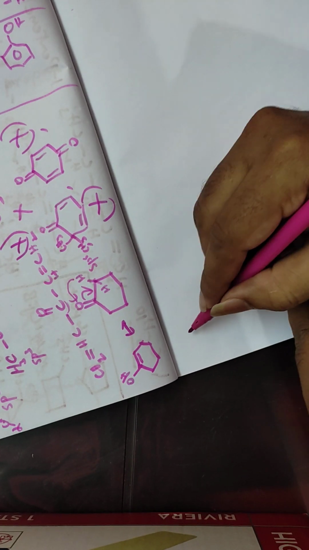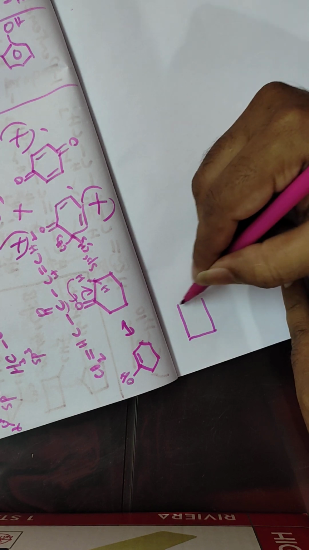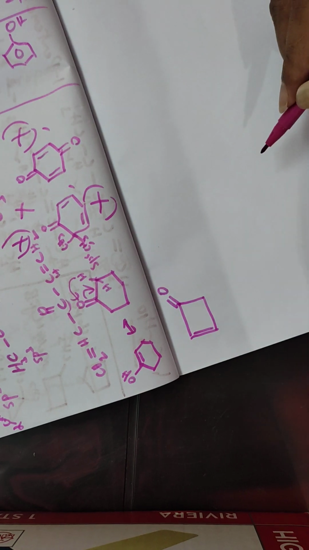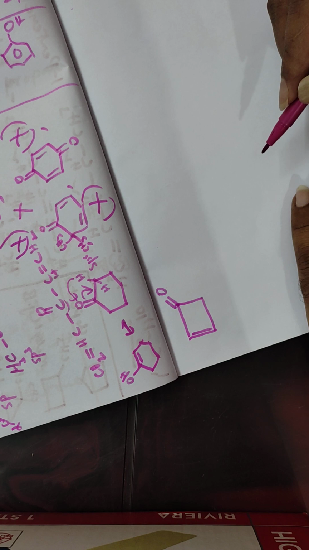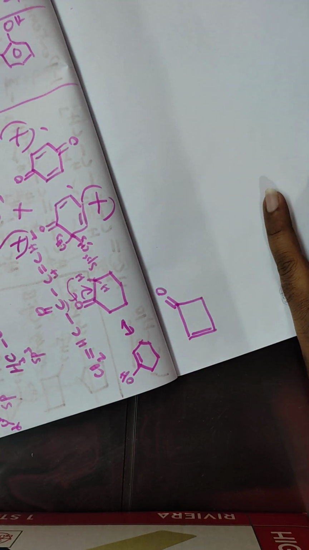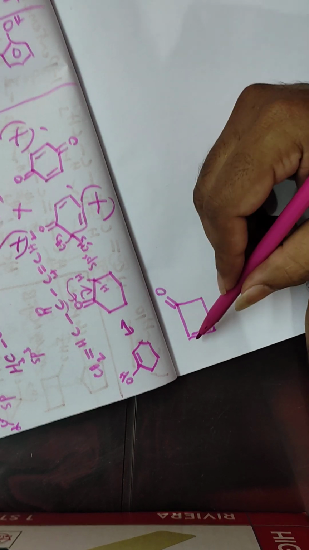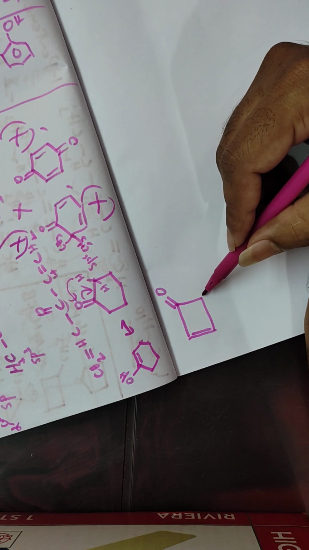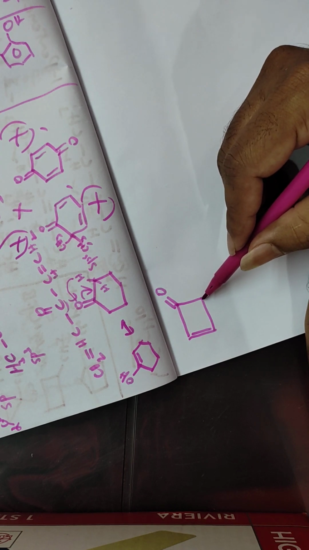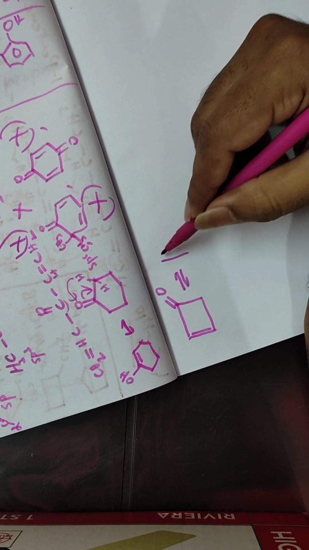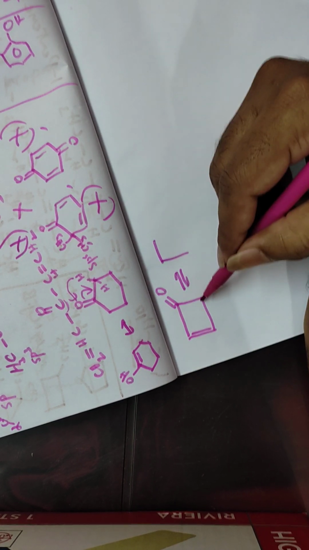You see, this is the cyclobutenone. Okay? It has an ene group and keto group also. Here it is sp2 carbon, alpha carbon is sp2, here alpha carbon is sp3, and hydrogen is also there. Then it converts to like this. Here hydrogens are there.